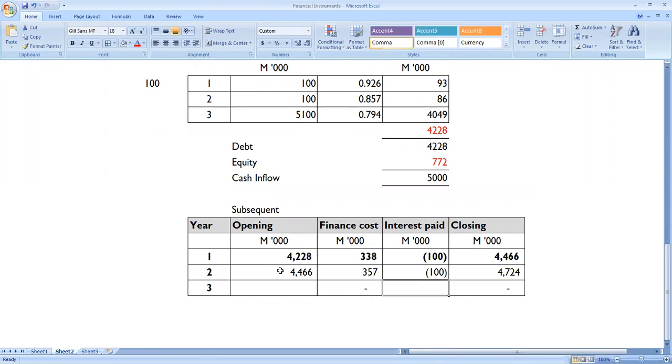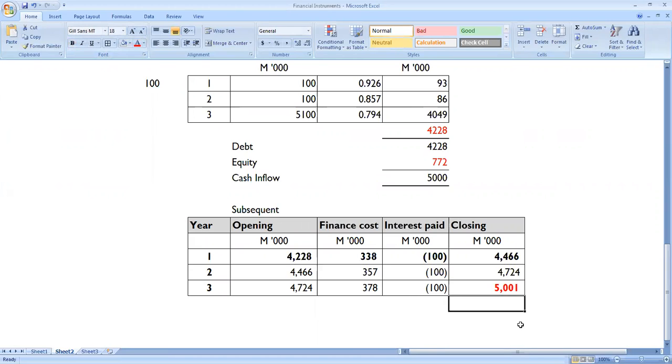Of course the interest is 100. For year three, the opening is going to be this as well, and then of course we still have 100. You see the closing balance at the end is still 5 million, with just a small rounding difference here.